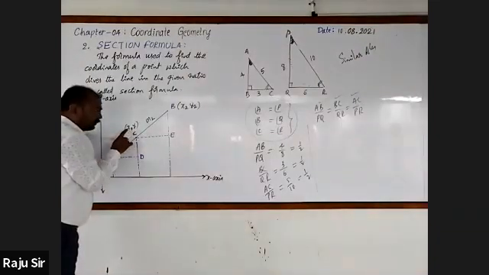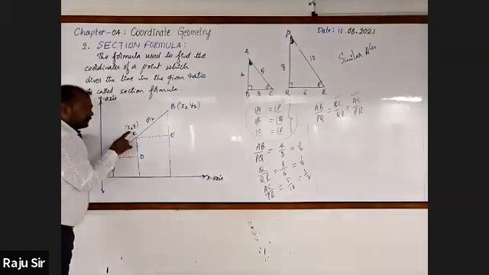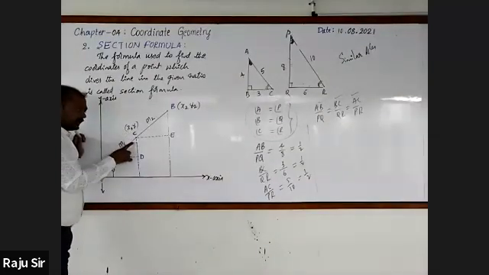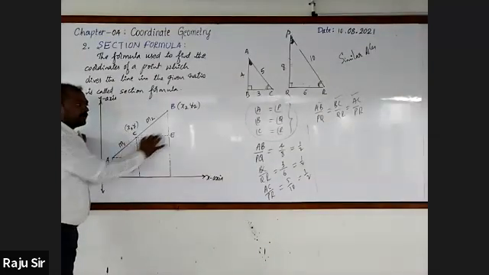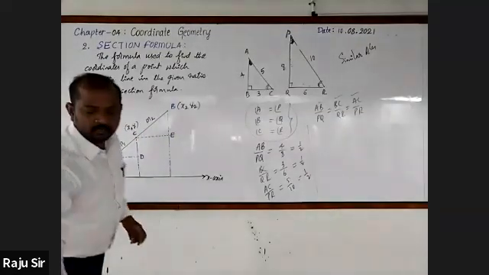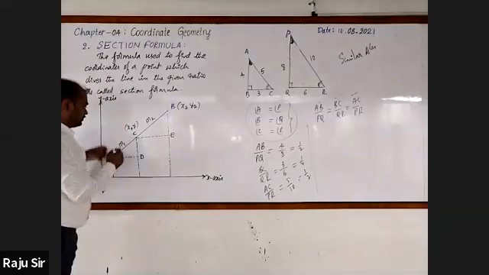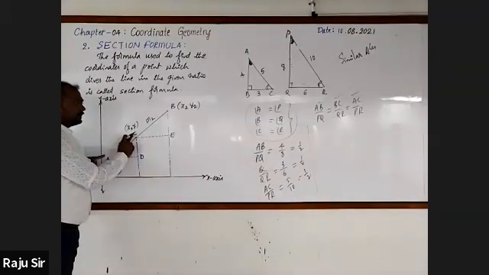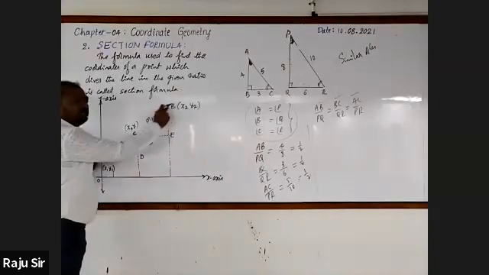Now, if you want to find out the coordinates of this point C, we must express the relationship among the sides of these triangles. Already, two sides are known. We have got the triangle ADC and the second triangle CEB.